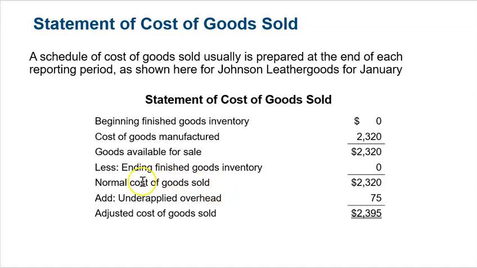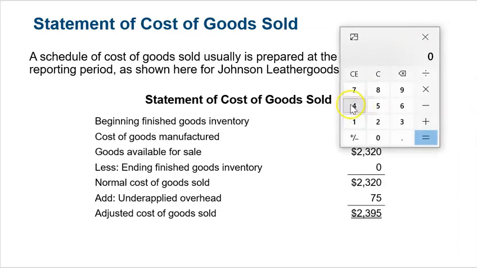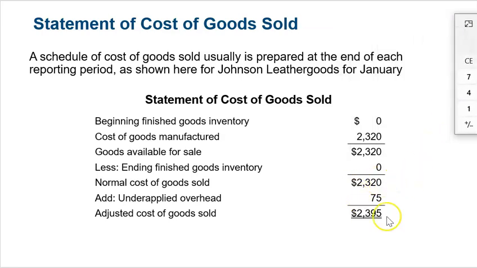We have now sold those, and we have our normal cost of goods sold at $2,320, and then we're going to add underapplied overhead of $75. The reason we're going to do that is because the $75 is considered to be immaterial. So if we remember, we had actual overhead of 415 and applied overhead of 340. The difference was $75, and we're just going to roll that into cost of goods sold.